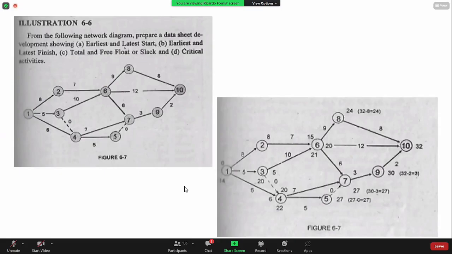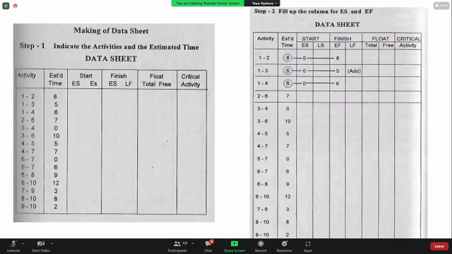Okay, from the following network diagram, prepare a data sheet showing earliest start, early finish, then late start, late finish, the total and the free float, then critical activities. We are given a diagram, a precedence diagram, and the durations. We can now make the data sheet. So, how to make a data sheet?